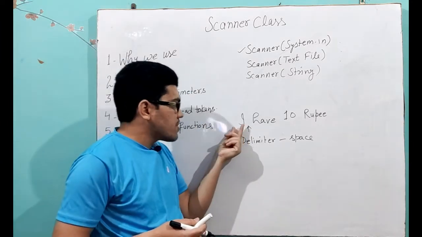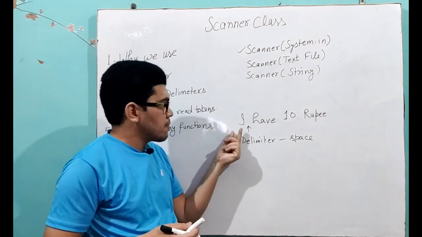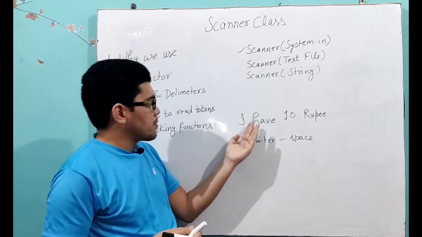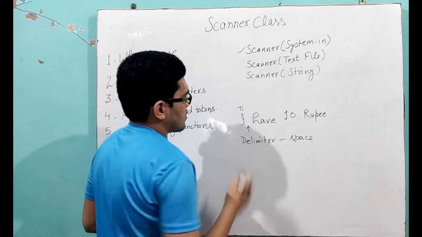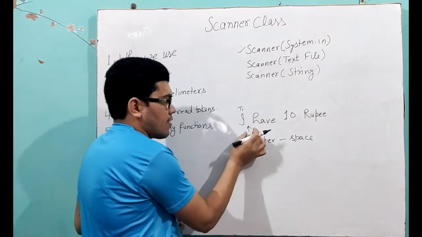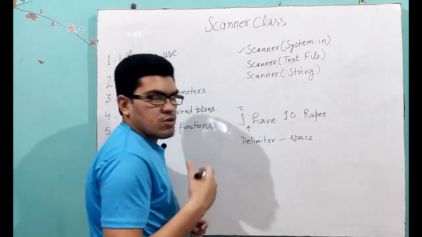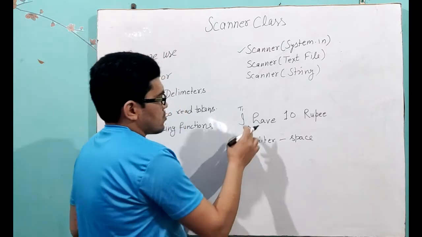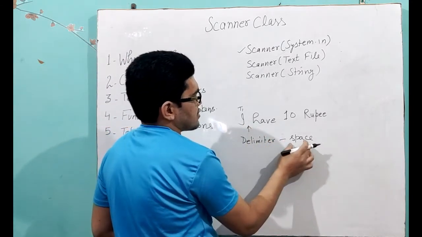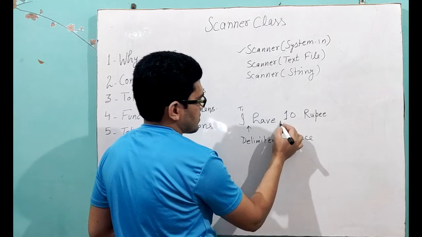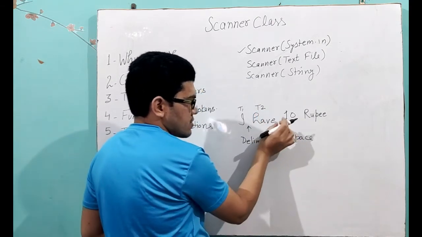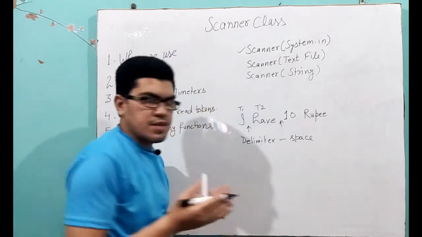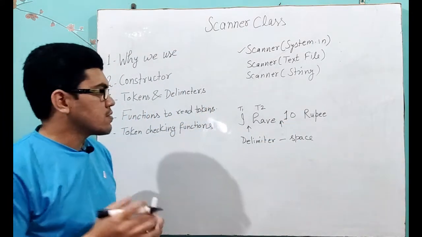So we can say the first token will be I, then a space separated the first token, so suppose it is T1, token 1. After the delimiter, the next token will start till we get a space. So the next space is there, so this is token 2. Since there is a space here, it is separating the token.